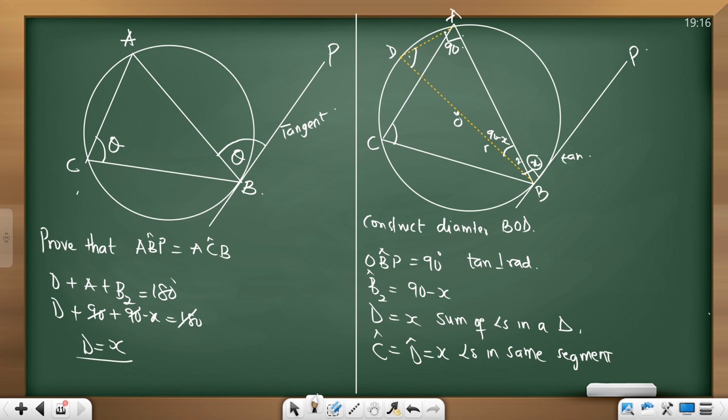Therefore angle ACB equals X, because this is X, that is X, and that is X. Please, all of these proofs are 5 marks, very important. We have one more to look at, and then I jump to my grade 12.